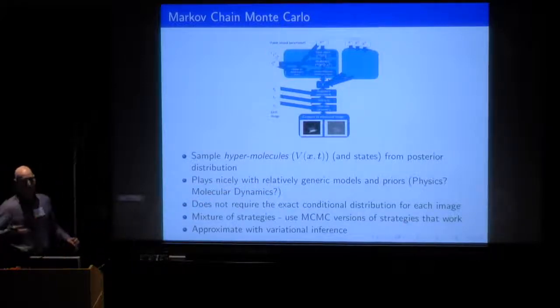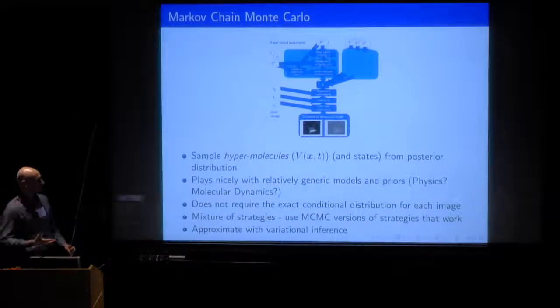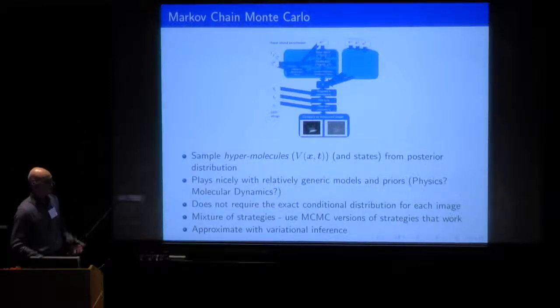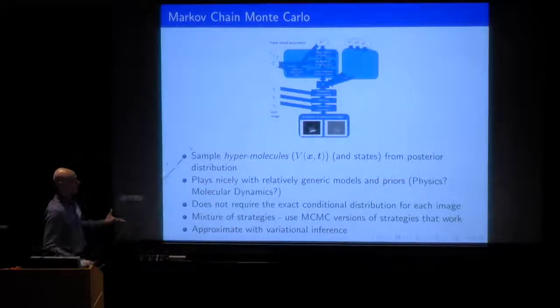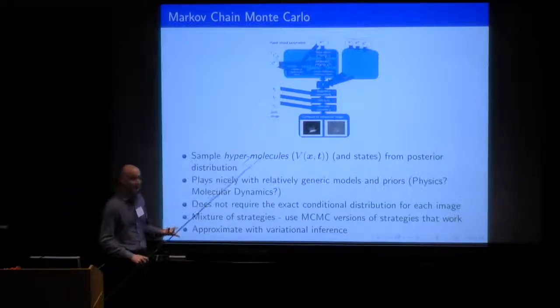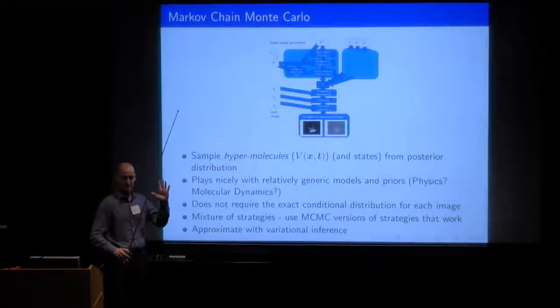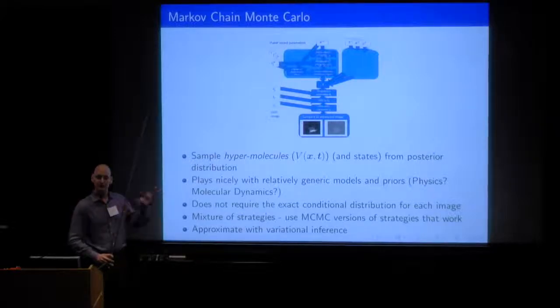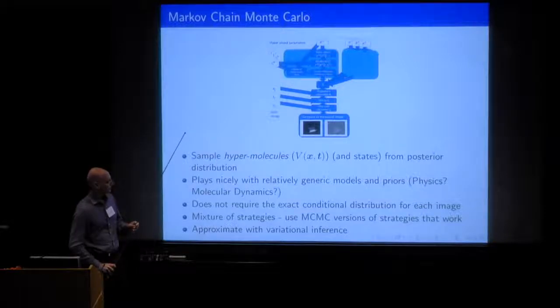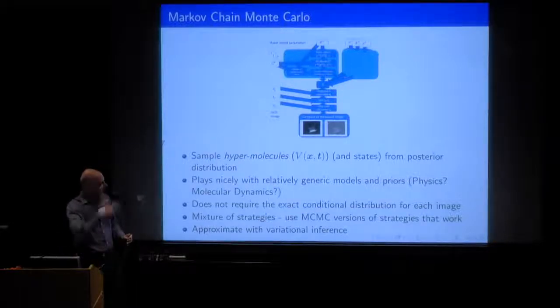And it plays nicely with other methods. So ideally we can formulate ways of putting in additional priors, maybe even physics, maybe even molecular dynamics, one day. It's maybe a little bit far from now, but people have done things with molecular dynamics and tying it to cryo-EM densities, so maybe not that crazy.